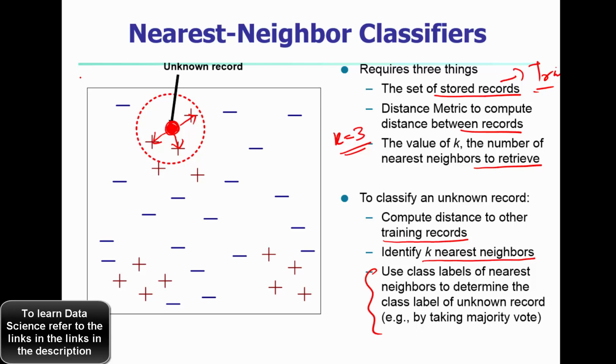So for classification, take the maximum of the number of data points of a particular category within that nearest neighbor subset. So here in this case, when you take the circle, we see that there are only plus signs. There is no minus sign, right? It's only positive signs. There is no negative. Hence, the new data point is nothing but a plus.